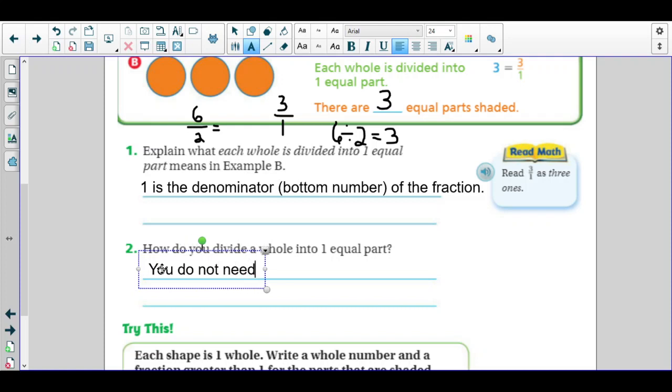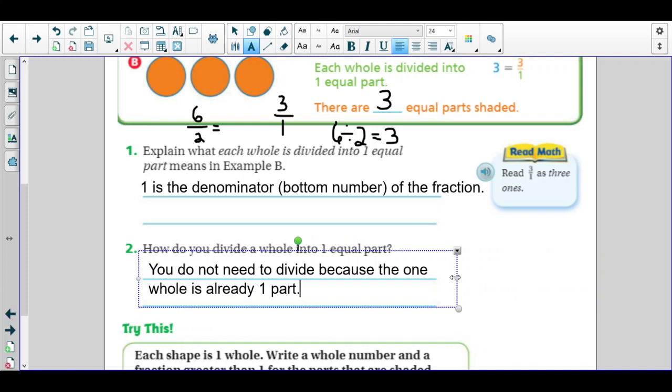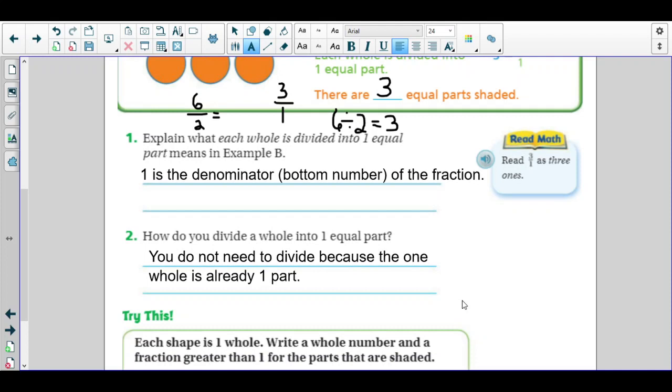You do not need to divide, because the 1 whole is already 1 part. I know this can get confusing, and with a few more examples and a few more days with this, it will all make sense.